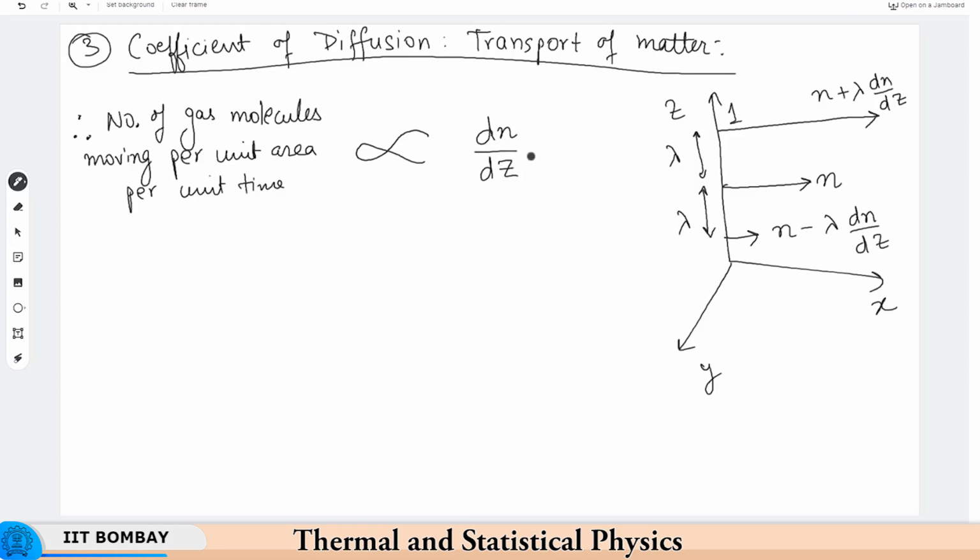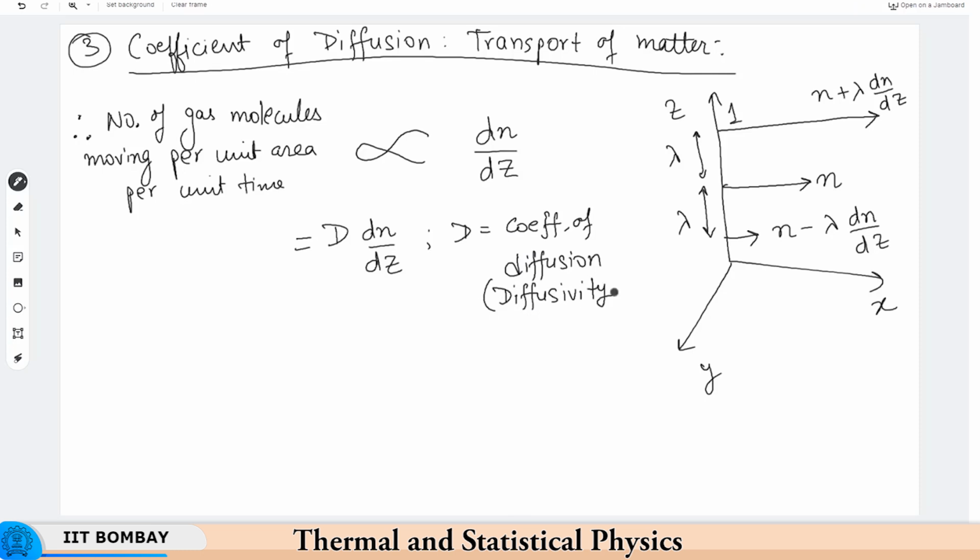To remove this proportionality sign, we can just define it as D times dn by dz, where D is the coefficient of diffusion, also known as diffusivity, or simply the diffusion coefficient.